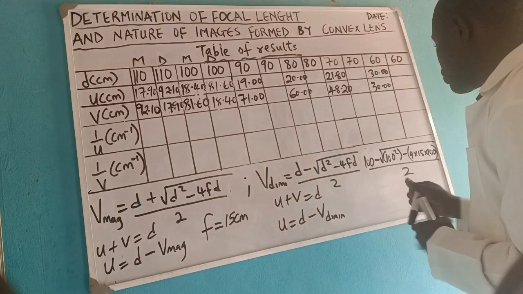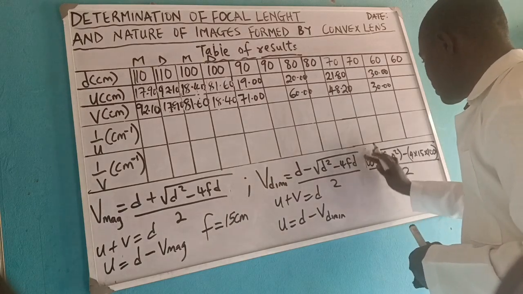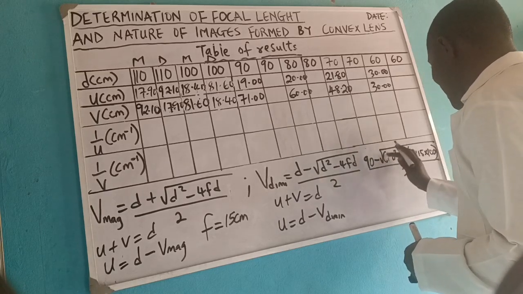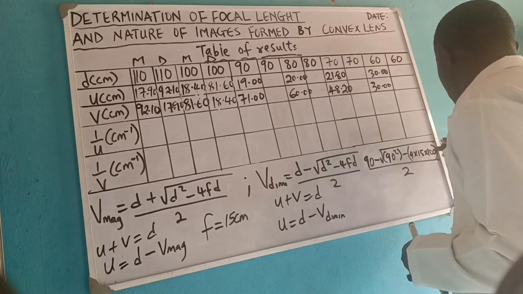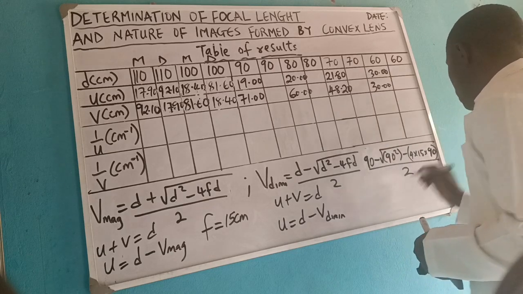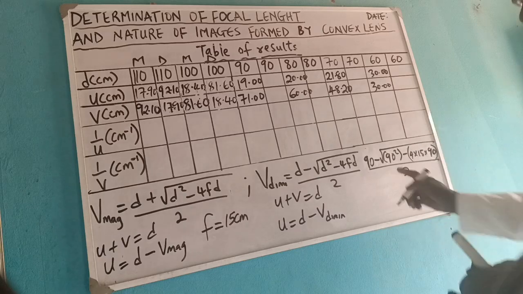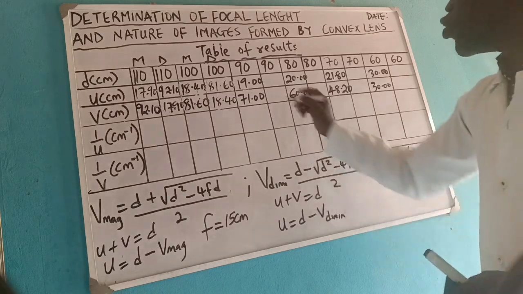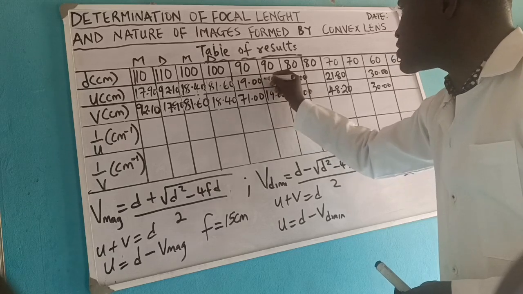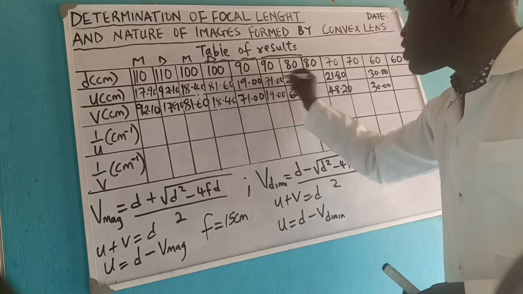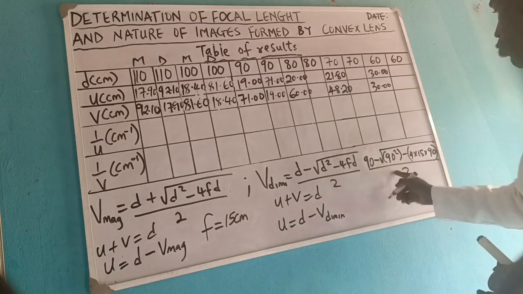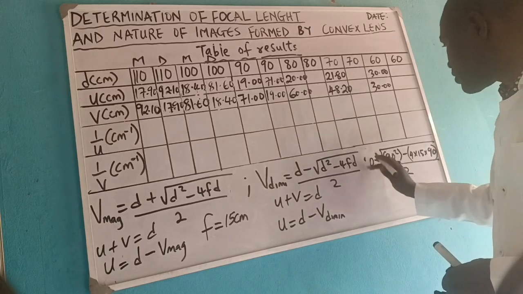We change here to 90, change here to 90, change here to 90. We now press it in the calculator using this minus. We will be getting here 19.00 and 71.00.